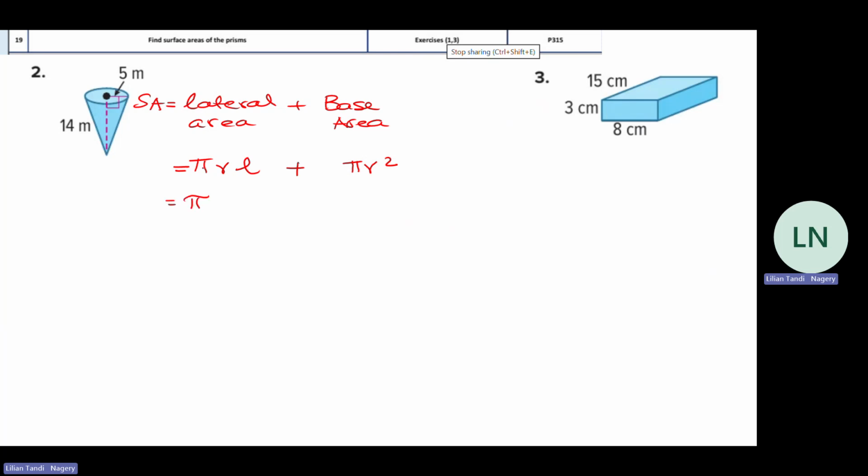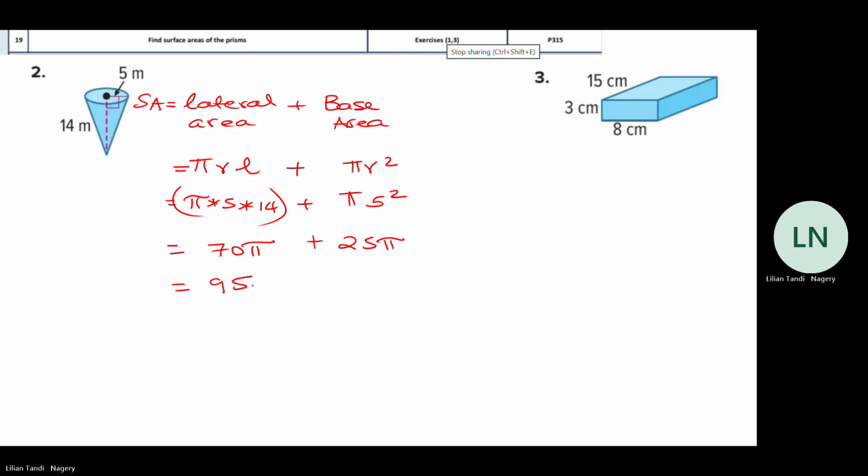So pi, do I have radius? Yes, I have radius. Multiply 5, multiply 14, plus pi, multiply 5 squared. This is 25 pi, and this is 70 pi. And this is 95 pi.